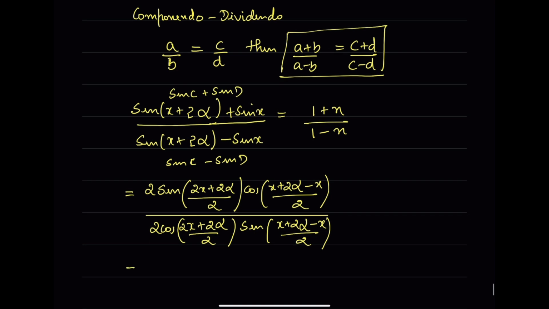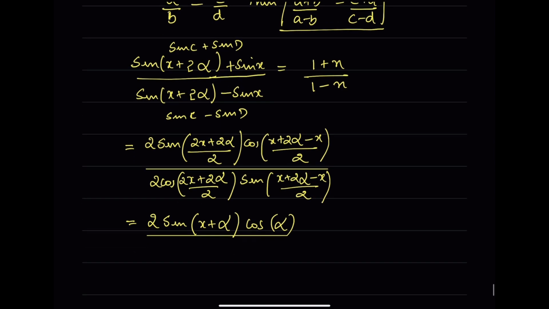So let's simplify this. We would get 2 times sin of x plus alpha and cos of alpha, and the denominator would be 2 times cos of, and all the way this is equal to 1 plus n by 1 minus n.